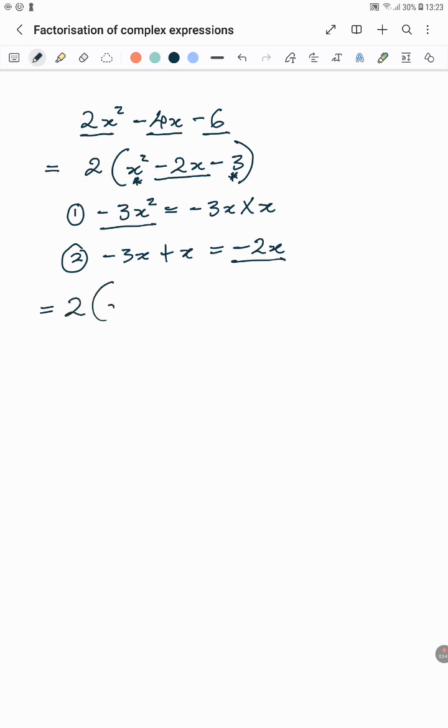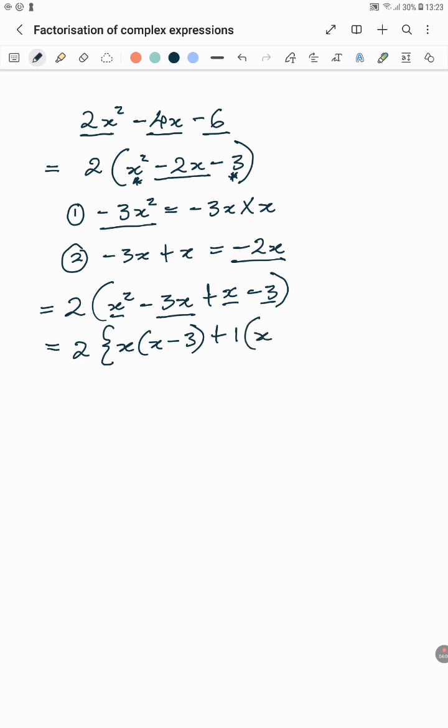So you're going to have x squared minus 3x plus x minus 3, and here you introduce a curly bracket. These first two terms, you take out x, and you remain with x minus 3, and here they are only sharing 1 as a factor, so you take out 1, and you remain with that, and you put the closing bracket there.